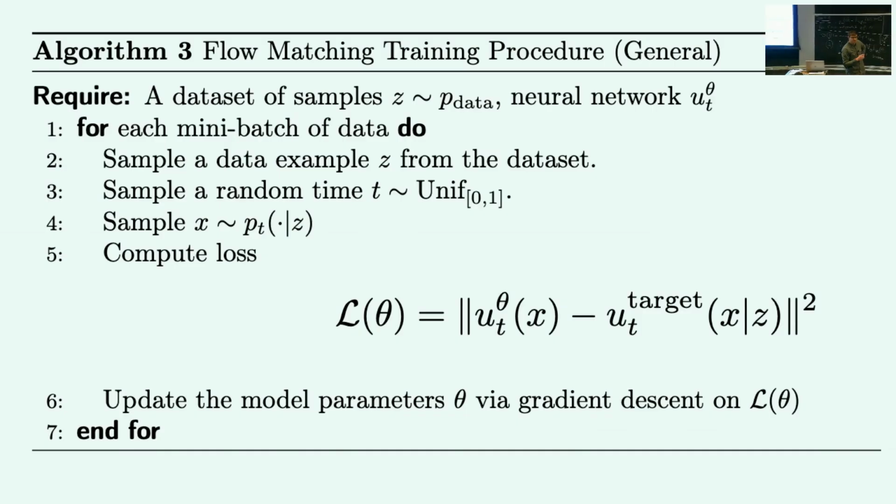I'm just curious, in this procedure where you're sampling t at random every time, have people tried different training strategies where they don't sample t uniformly but build up the path incrementally? Does that work better or worse? Yes, great question. Just repeating the question: what about other sampling strategies than uniform?